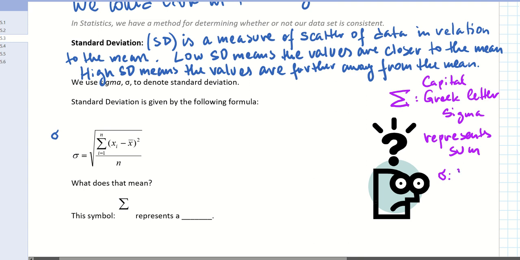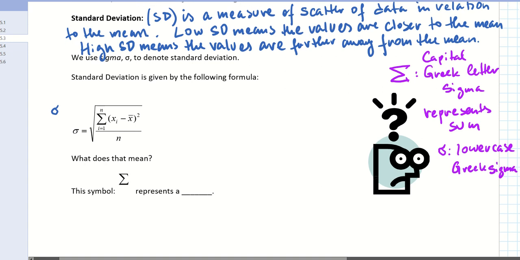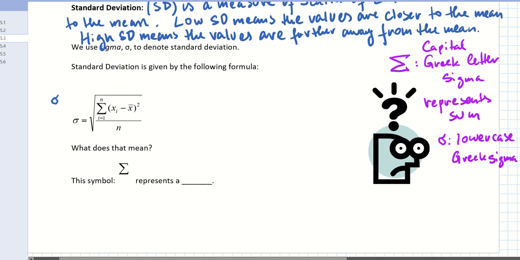This is also lowercase Greek sigma. So the lowercase Greek sigma represents the standard deviation.